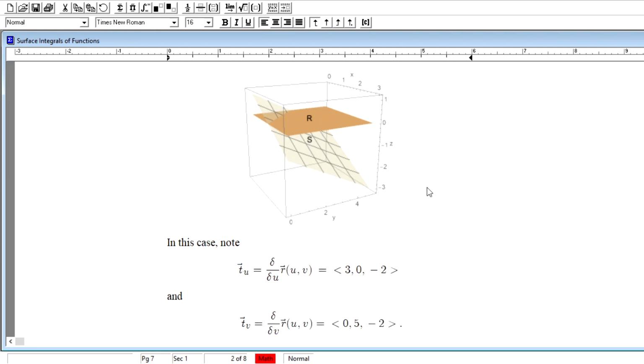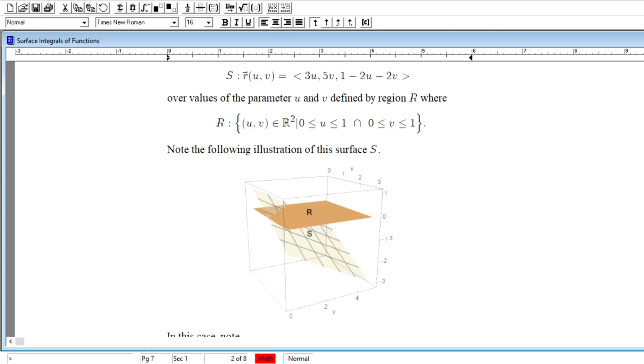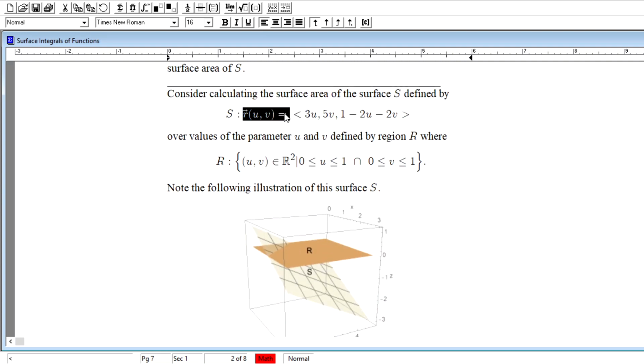we would note that the partial of our parametric description for that surface in terms of u would just be 3, 0, negative 2, and notice that is just going through this description of S and taking the partial of this with respect to u. Here that would be 3 for the first component, 0 for the second, and negative 2 for the third. That's going to be T sub u.